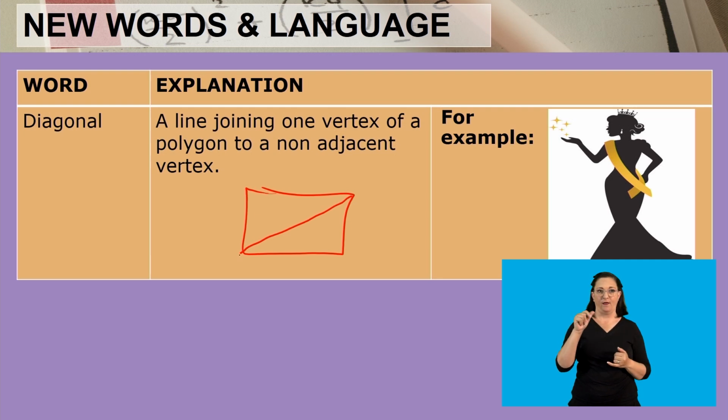And as you can see, it's ending where the other 2 sides are adjacent and we're coming from the other side. An example of that, I've put a beauty pageant belt, which starts from the right shoulder down to the left-hand side of the body. So that would be a diagonal.